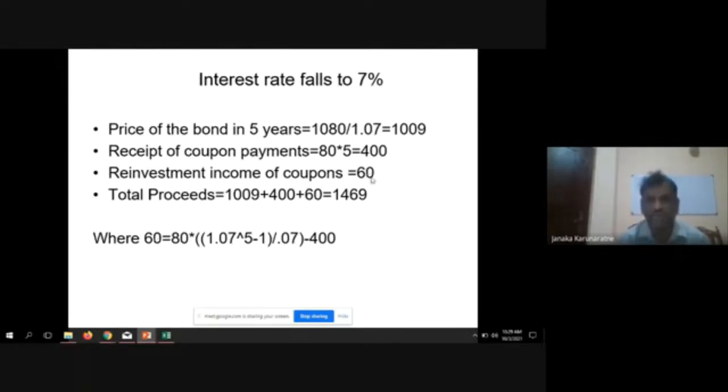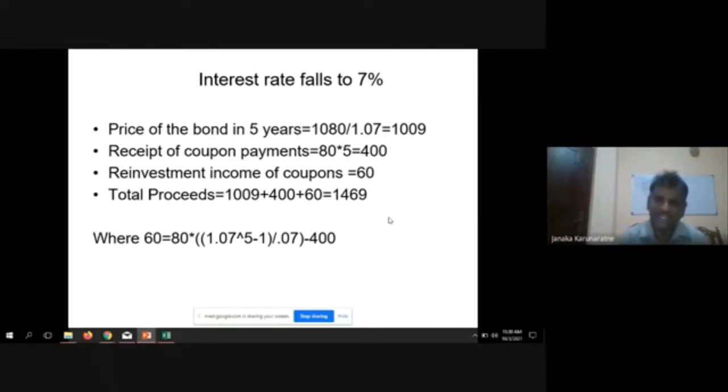Now it has dropped because the interest rate dropped. Now your total income would be 1,009 plus 400 plus 60, 1,469. Same. So even interest rate fall to 7%, you will match your liability cash flow with your investment cash flow. So we are happy.